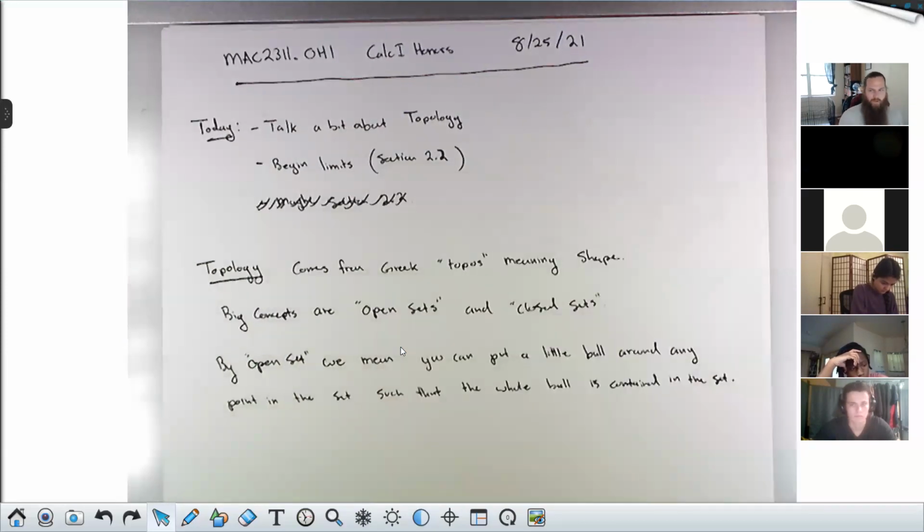Now, the word ball in analysis has a particular meaning. It's the collection of all points some distance away from a specified center.